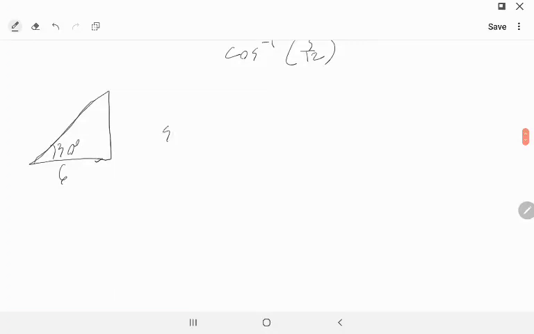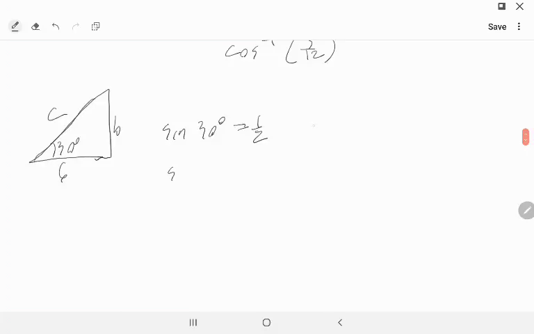We notice that the sine of 30, we can use our calculator, sine of 30 is equal to 1/2, and if we call this side B and side C, we know that sine of 30 is 1/2.